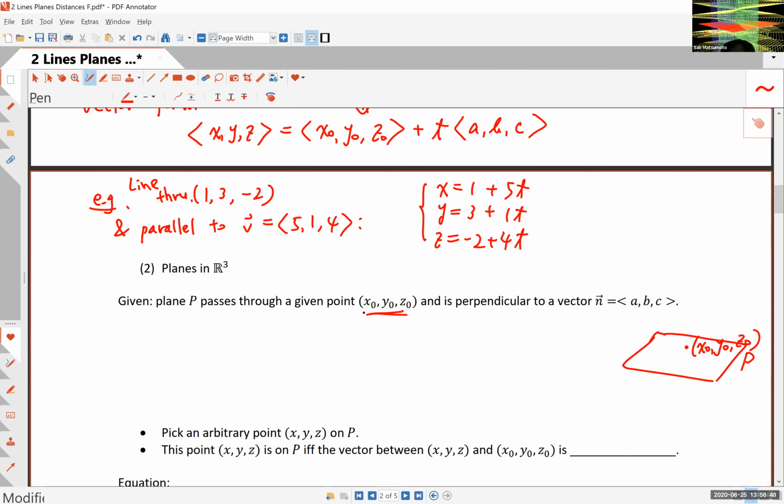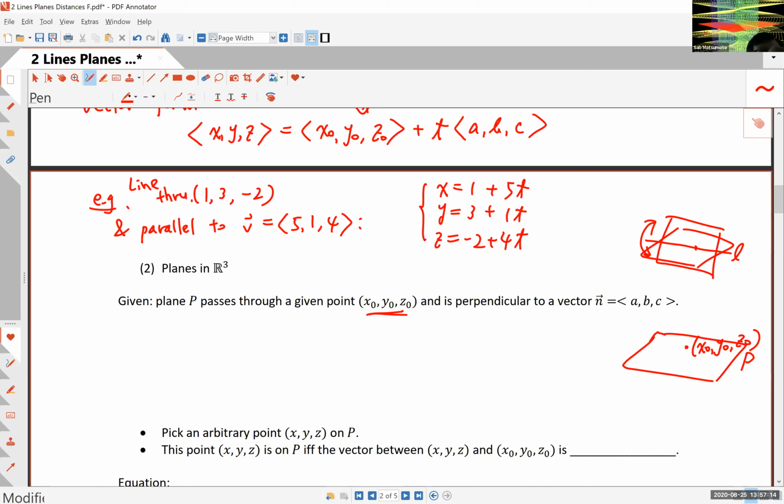And even if I give you a line L, and this plane goes through x0, y0, z0 and contains this line L, you realize that does not give you a unique plane, because you can have this plane, or this plane. You can keep turning this around, right? So that doesn't give you a unique plane.